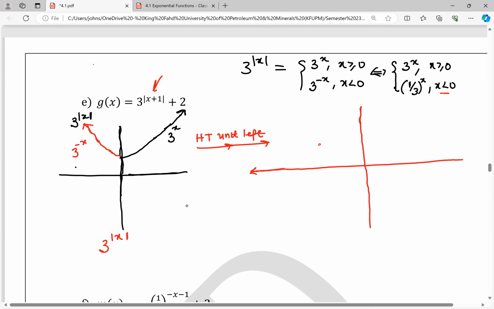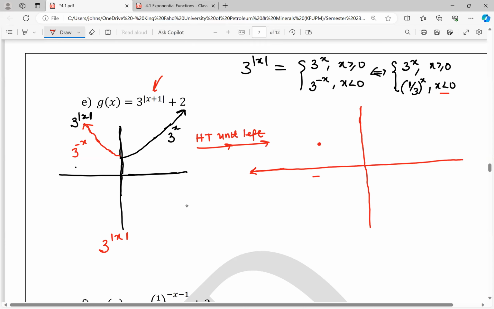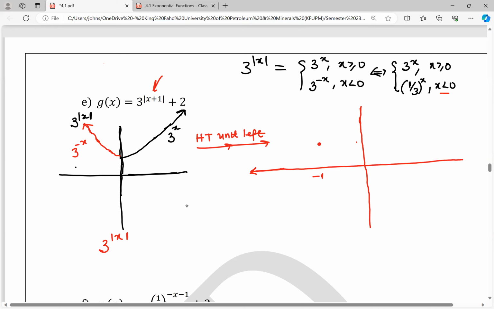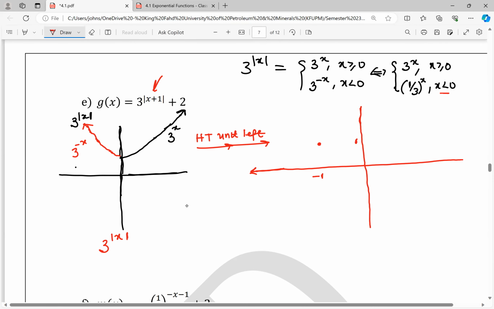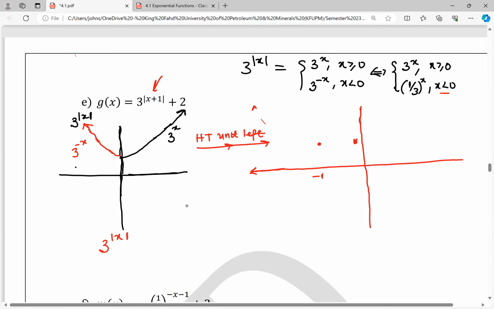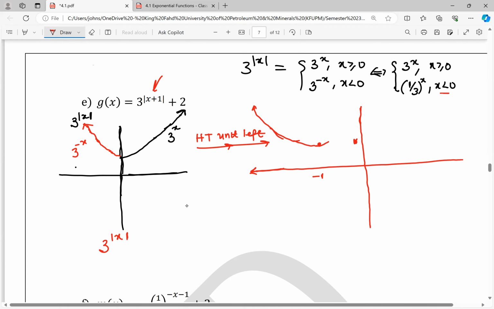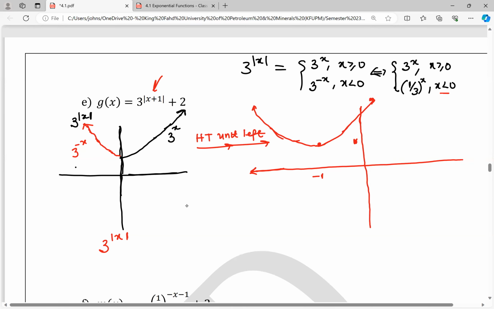We will start from here, which is (-1, 1). So it will just open up, somewhere like this. Even though we don't know the intercept yet, don't worry. When we come to the final graph, we will know the intercept. So this is it.